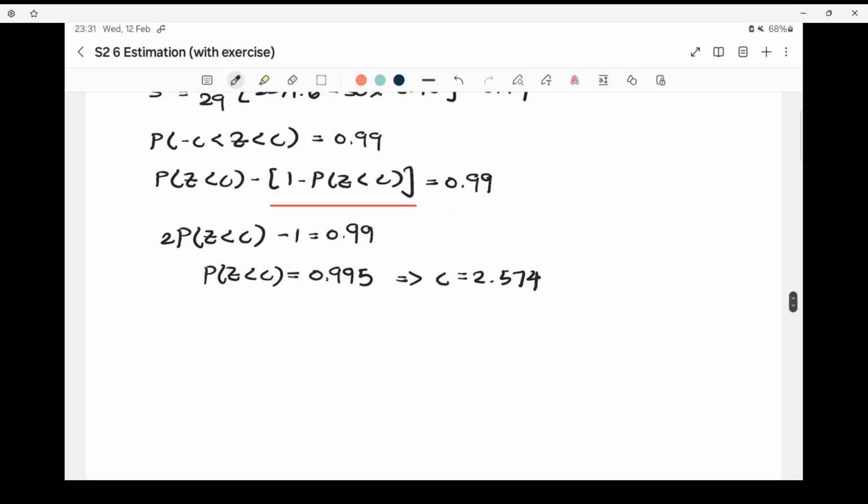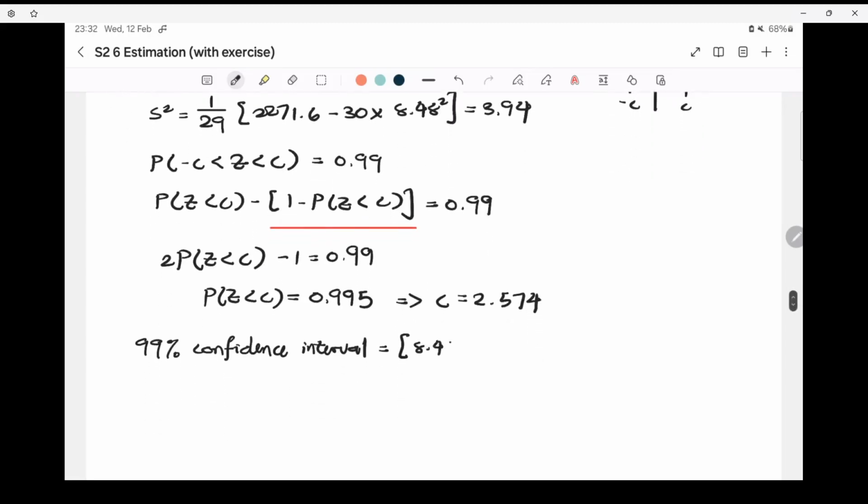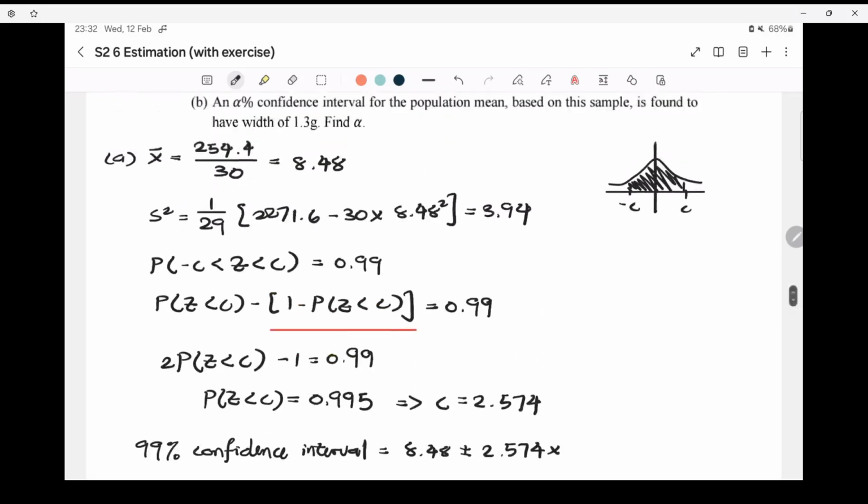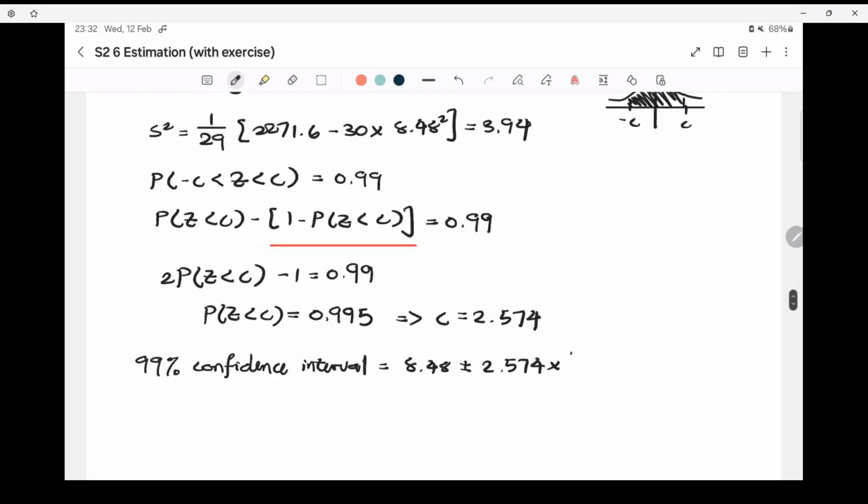So once you find C, you know that the 99% confidence interval is given by your x bar, which is 8.48, plus or minus C times your S, square root of 3.94, because you are not given the population variance, so you need to estimate using, sorry, I also need to do a square root.